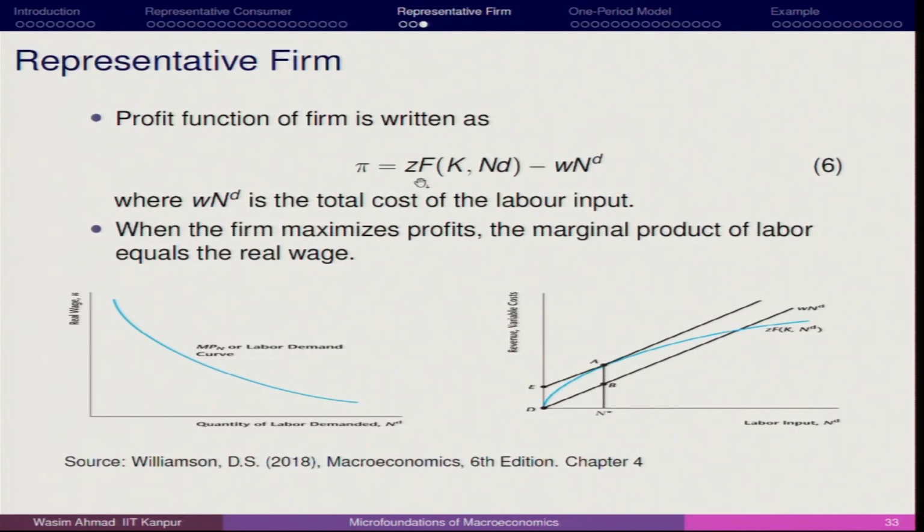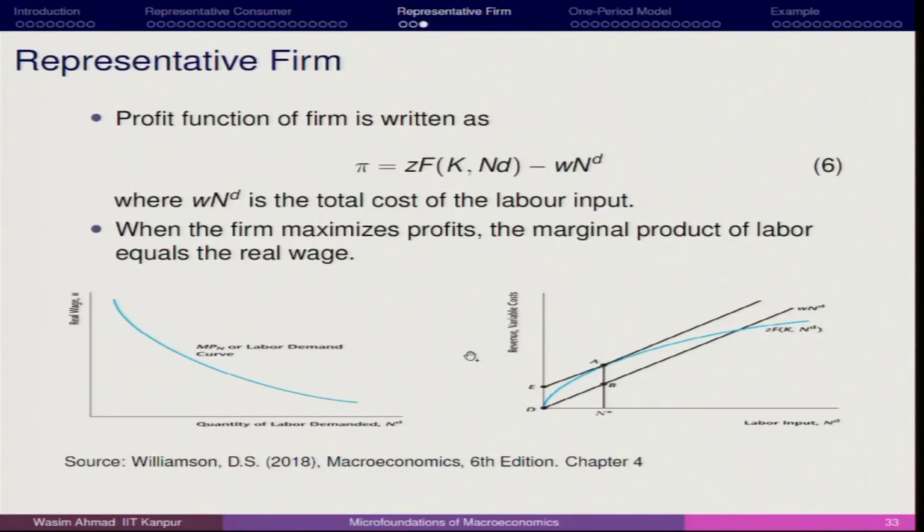This pi takes into account both the production side of the firm and also the representative consumer side, because this goes to the representative consumer, as we have mentioned W NS. So, from the representative consumer side this is the labor supply, and from the firm side this is the labor demand. So, we are mentioning here W ND. Here it looks the same.